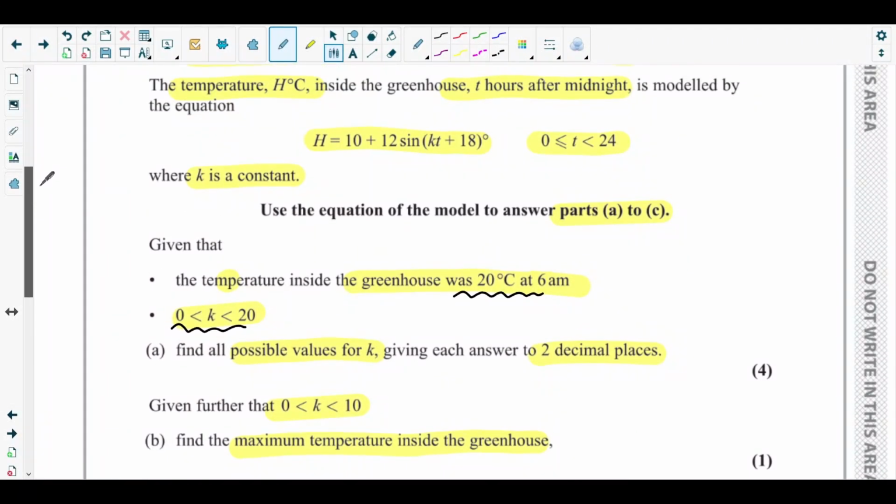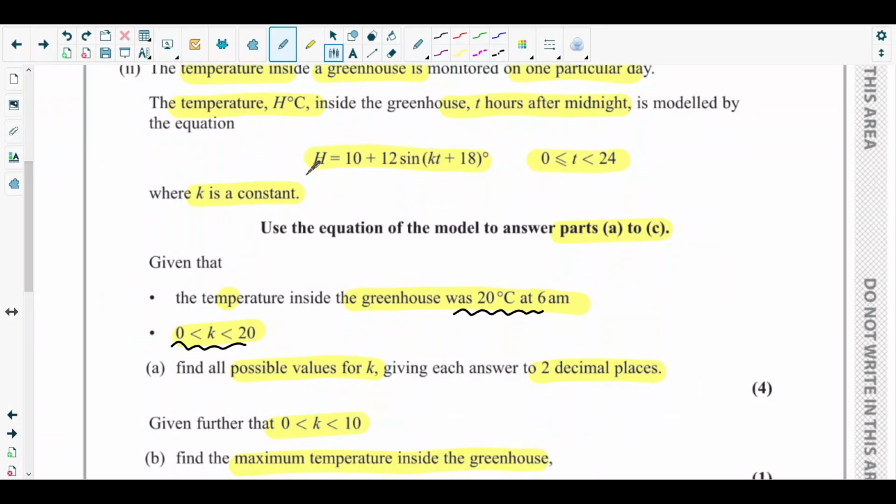Basically, if you consider the equation for the temperature within the greenhouse, it has 10, which is a constant, plus 12, which is a constant, times sine(kt + 18 degrees), which is basically variable.